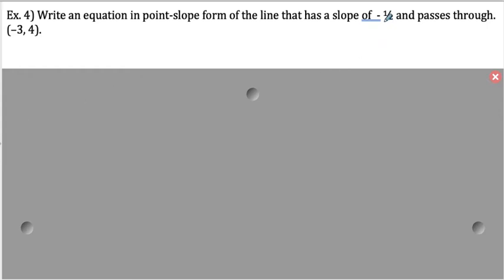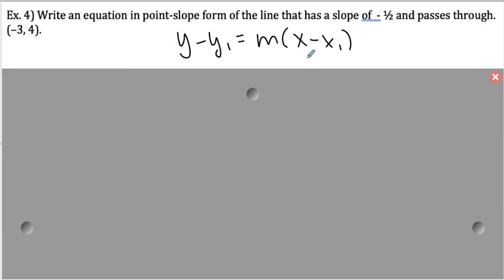Example 4. This time we have a slope of negative 1/2 and a point of negative 3, 4. So again, plugging in to y minus y1 equals m times x minus x1. And the more you write it, the easier it will be to remember the equation. Plug in your negative 1/2 in for m, but notice now my x is a negative 3, and I'm plugging it into a minus x.